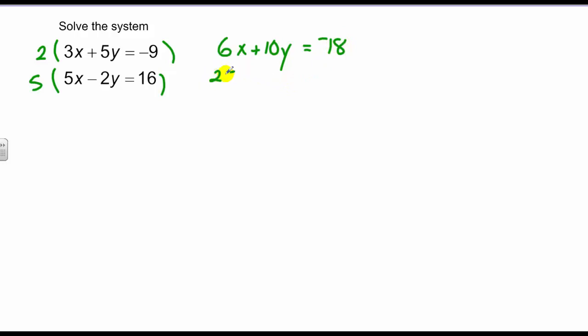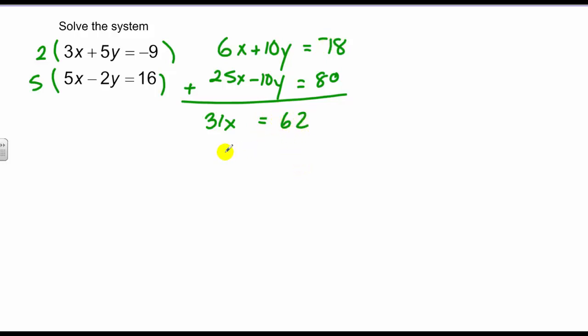Then I have 25x minus 10y is equal to 80. 31x after I add is equal to 62. Divided by 31, and x equals 2.